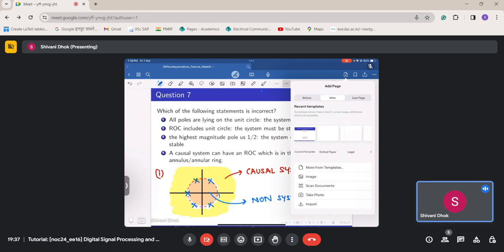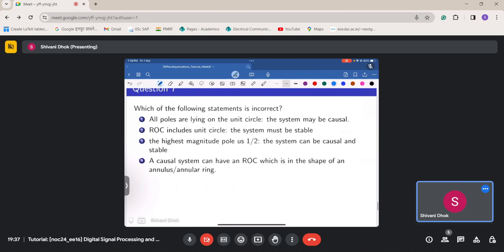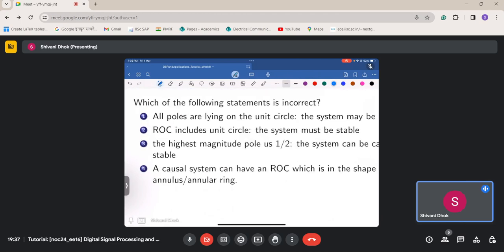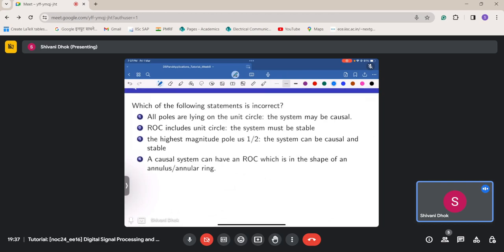Now let us look at the second statement. It says that if ROC includes unit circle, then system must be stable. Yes, this we have seen, and we have proved this also in the class. So if ROC includes unit circle, then the system must be stable. This is also correct.